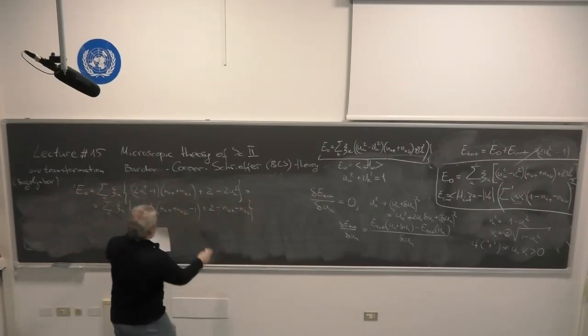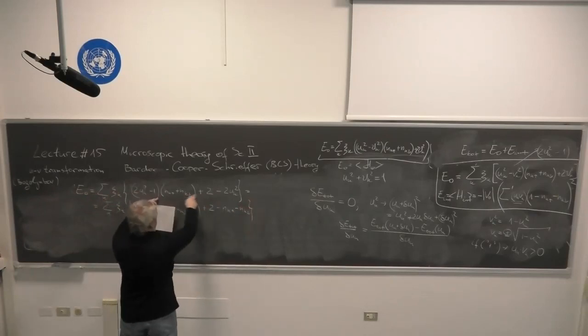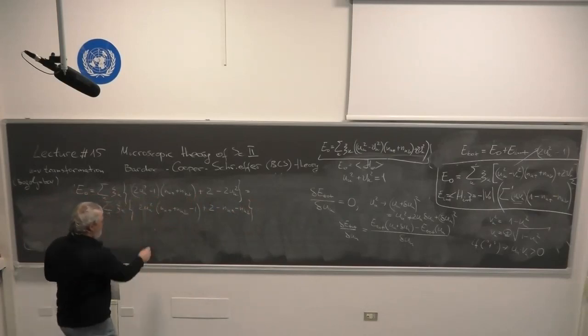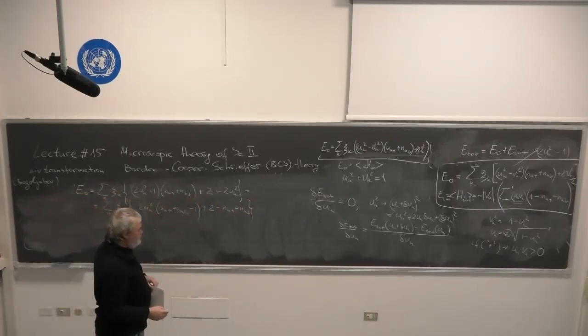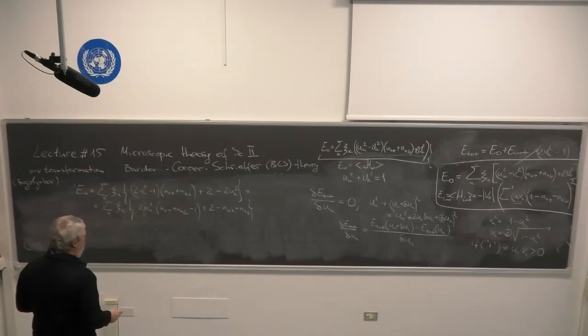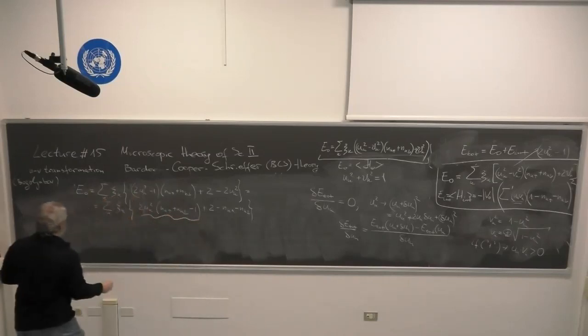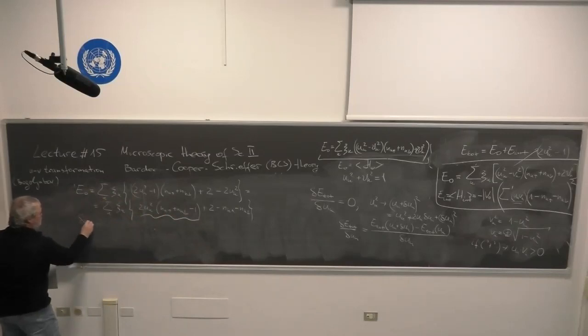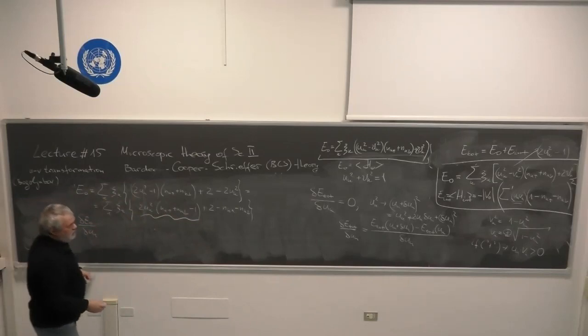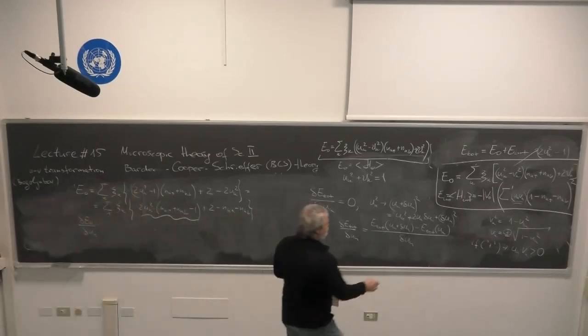I just rewrite identically this term and this term. And since I'm taking the variation with respect to u, I'm only interested in this term. So δE₀ over δu_k. So I need this term.